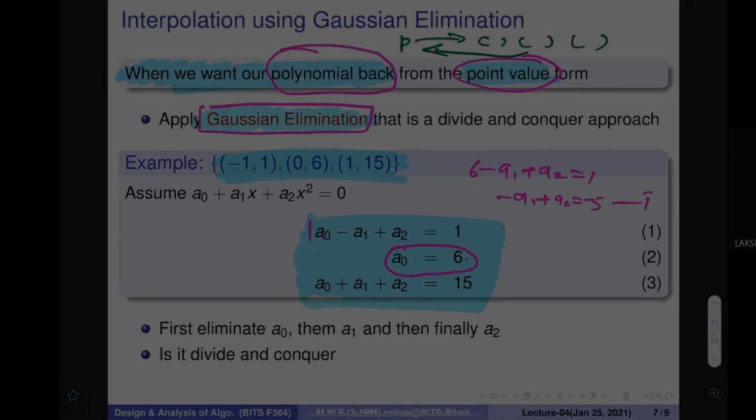This is the first expression. From the other one, I can put a0 is equal to 6 over here, then I can get a1 plus a2 is equal to what? Can anybody tell? 9. Am I right? So these are the two equations. Then you can add these two expressions, and you get 2a2 is equal to minus 5 plus 9, which becomes 4. So a2 is equal to 2.